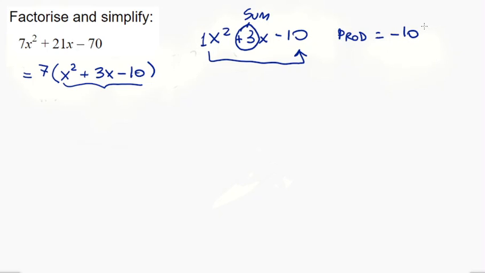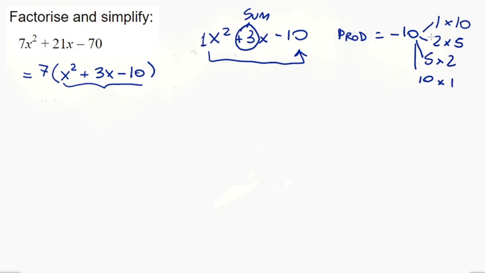Alright, so product negative 10. I can multiply 1 and 10. I can multiply 2 and 5. I can multiply 5 and 2, and I can multiply 10 and 1. Right? But since the product is negative, one of them is negative, and since the sum is positive, the positive number is larger.